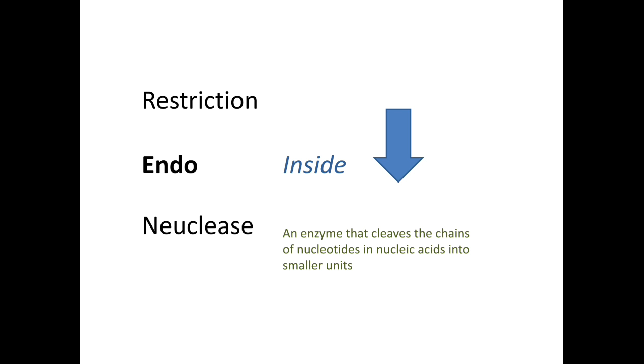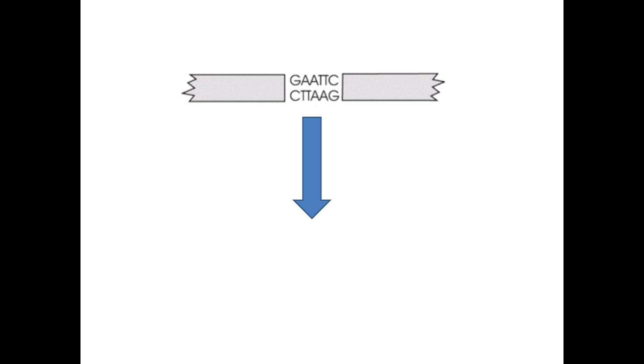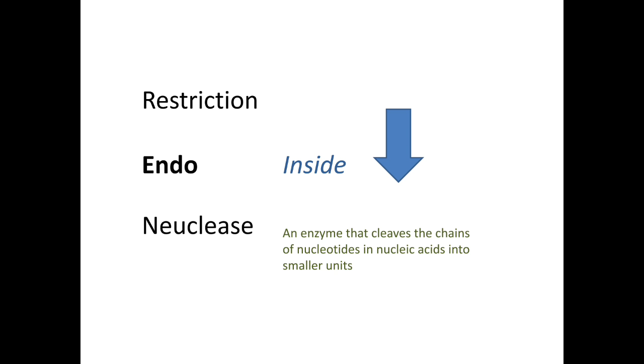What it really does is it takes a DNA, you can see a DNA molecule with 2 strands and GATTC and the complementary CTTAAG, and cuts it to be this one. Fair enough? So let's go back to this.